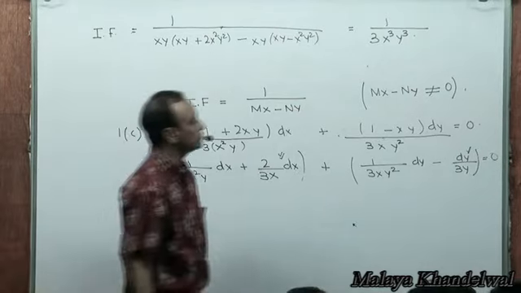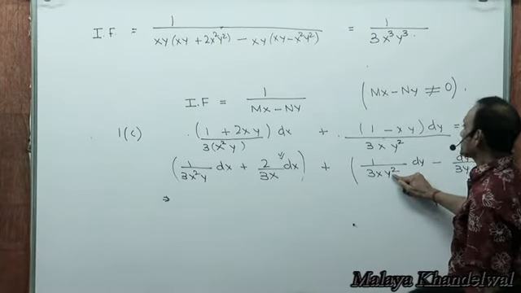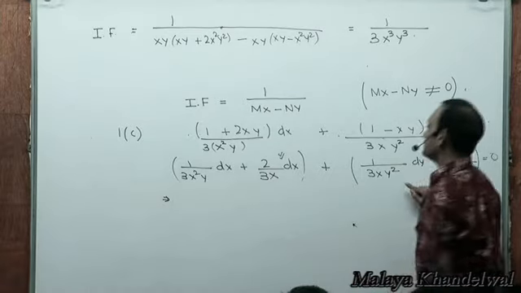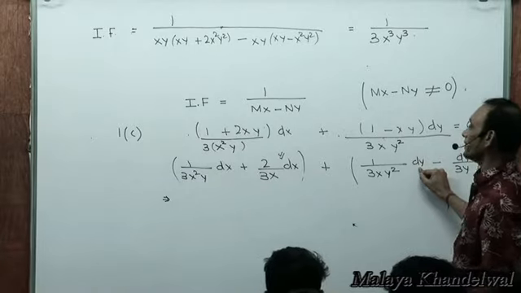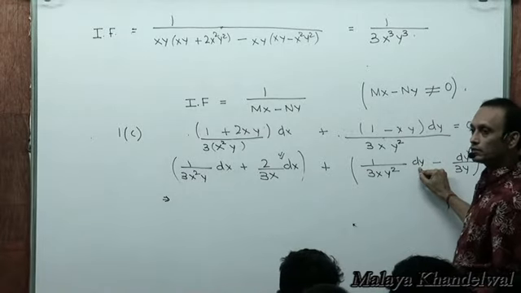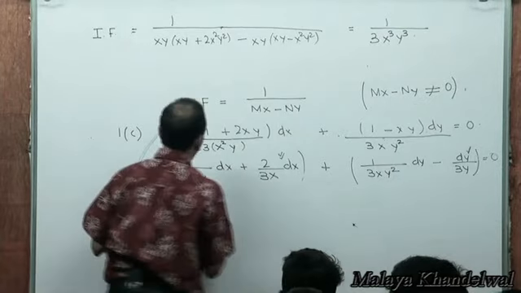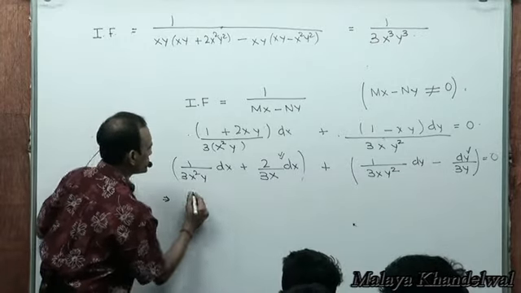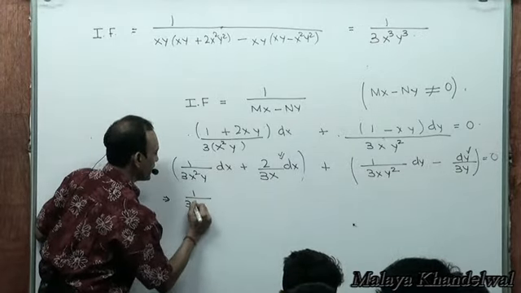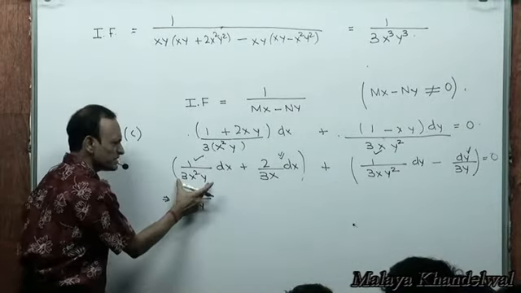Now, do you realize if I put these two together, then this is like 1 by x d of minus 1 by y, right? Yes or no? And what I could do is take 3xy common from these two terms, 1 by 3xy common, it's the same thing.